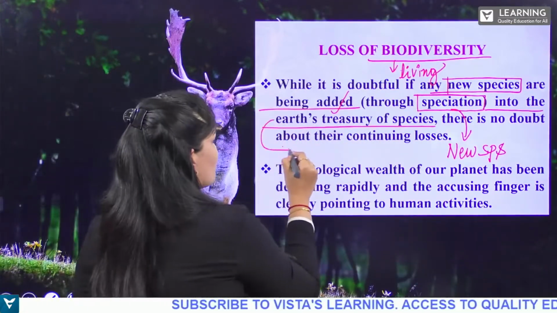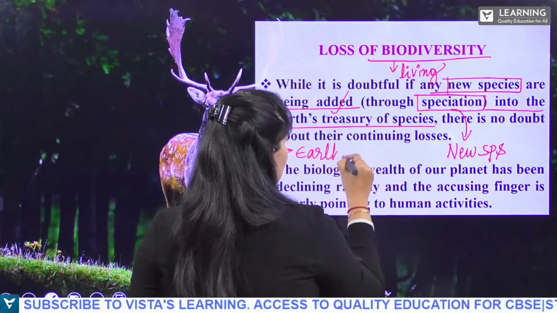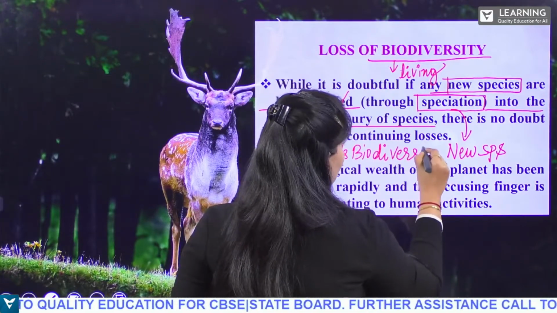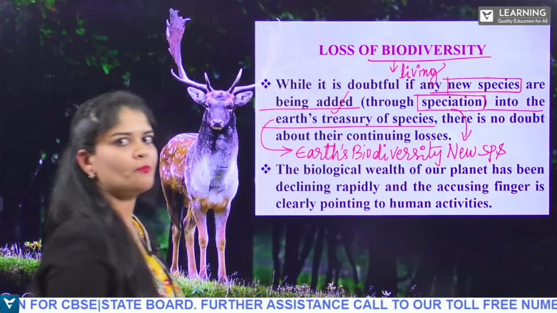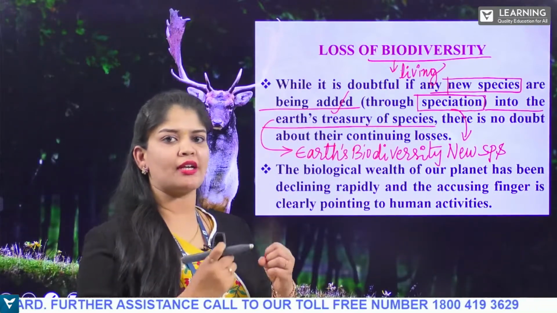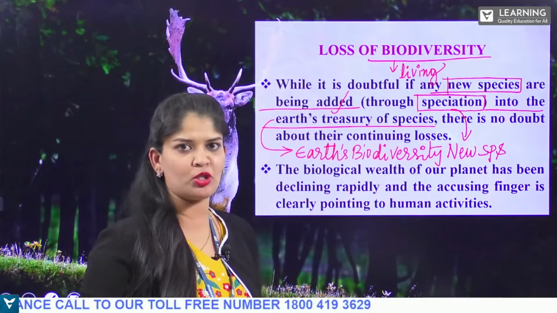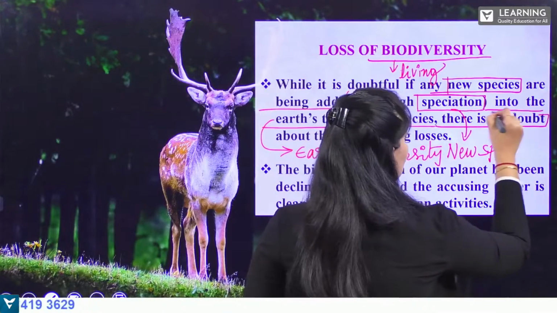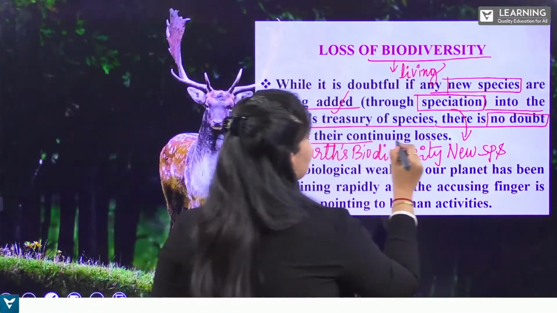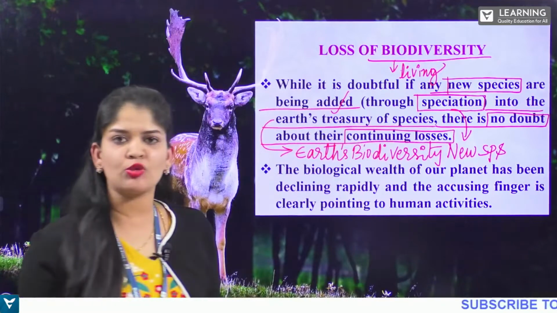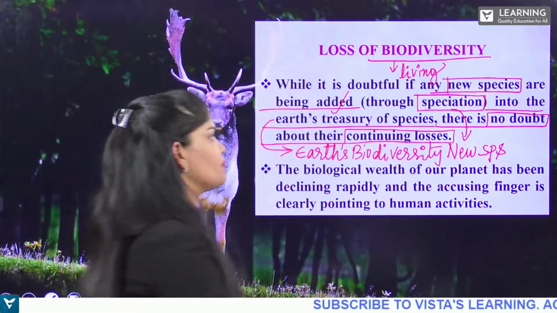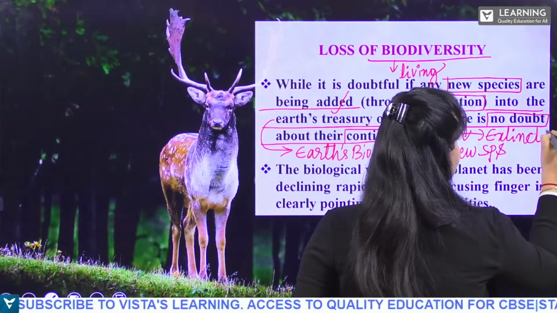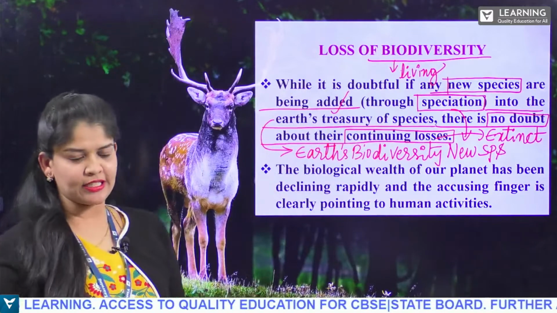Earth's treasury of species is nothing but Earth's biodiversity, right? That means the species have become extinct. Extinct: no more in existence.